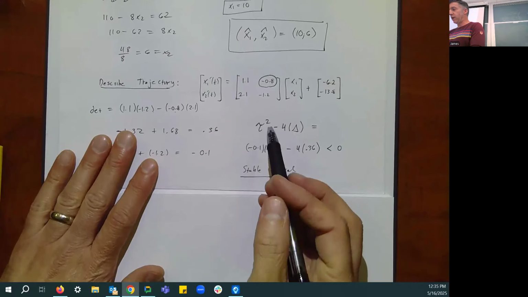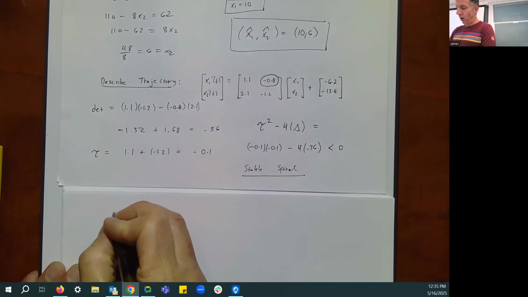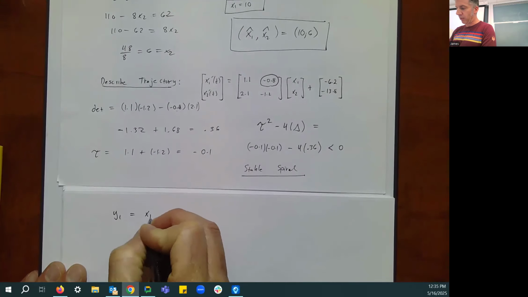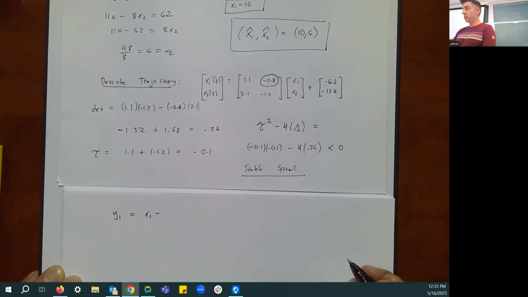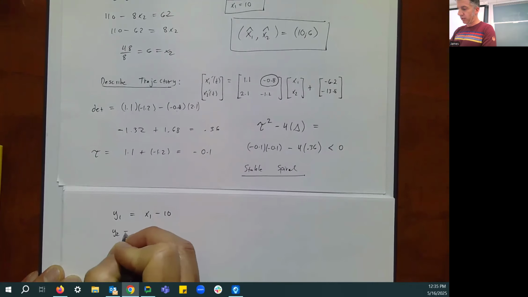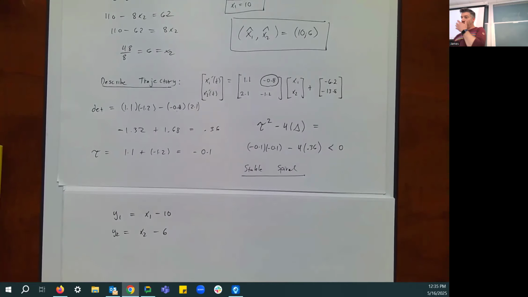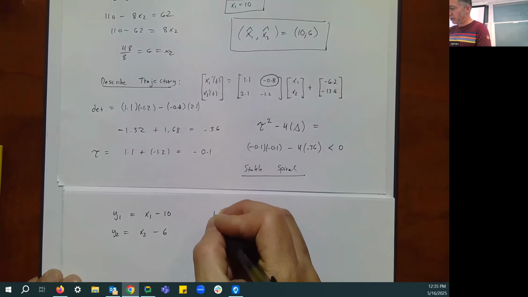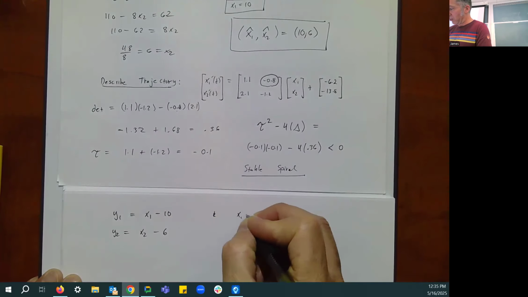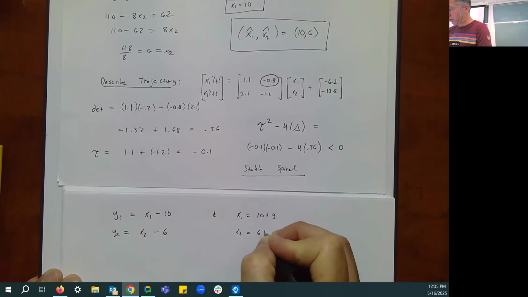We could have let y1 equal x1 minus the x1 coordinate of the equilibrium, which is 10, and y2 equal x2 minus 6. Then x1 equals 10 plus y1, and x2 equals 6 plus y2.